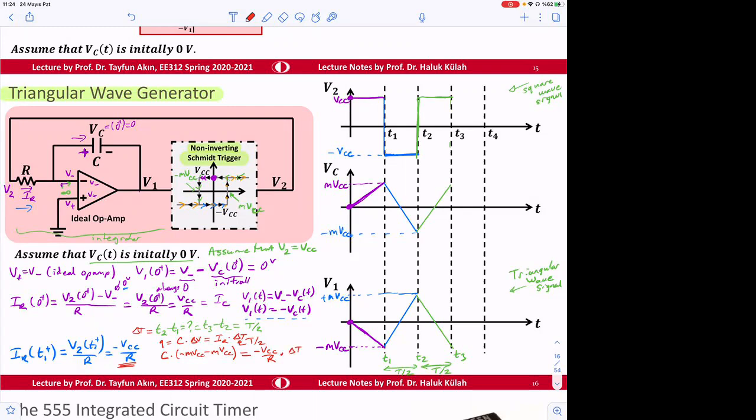From here, we can determine delta t as 2m V_CC divided by V_CC times RC.